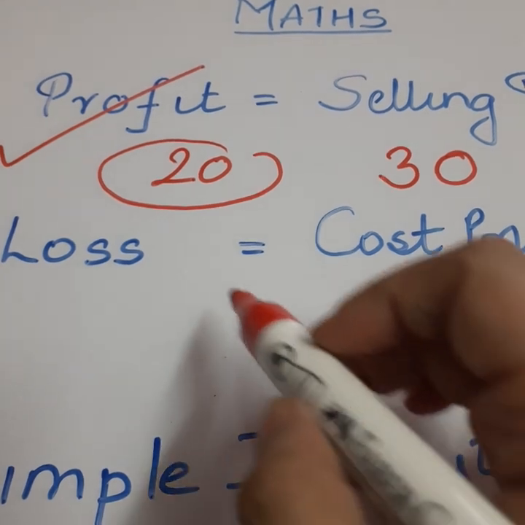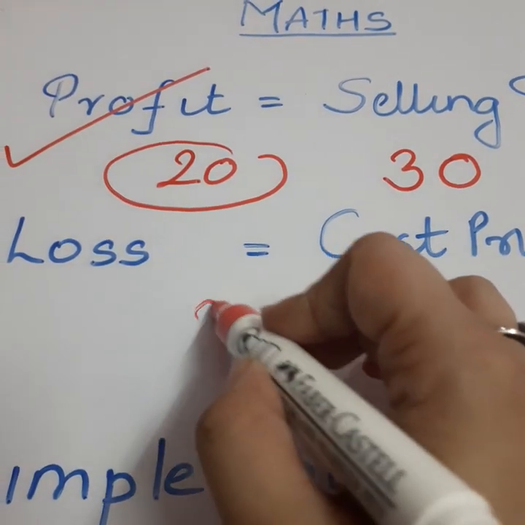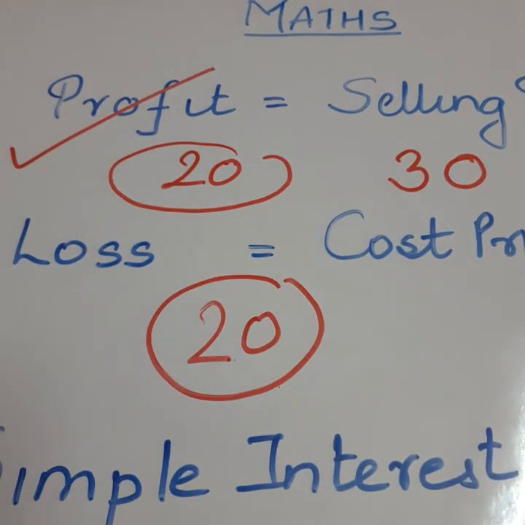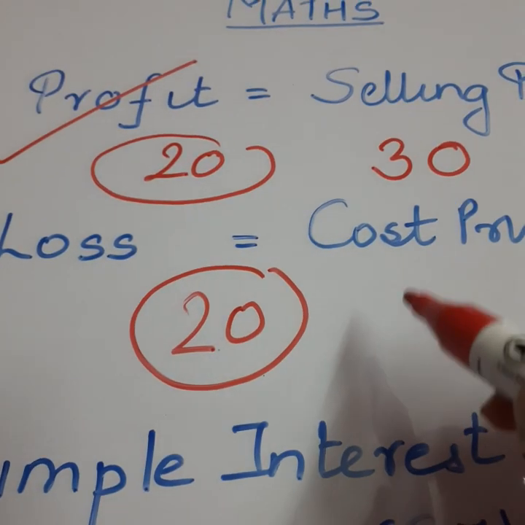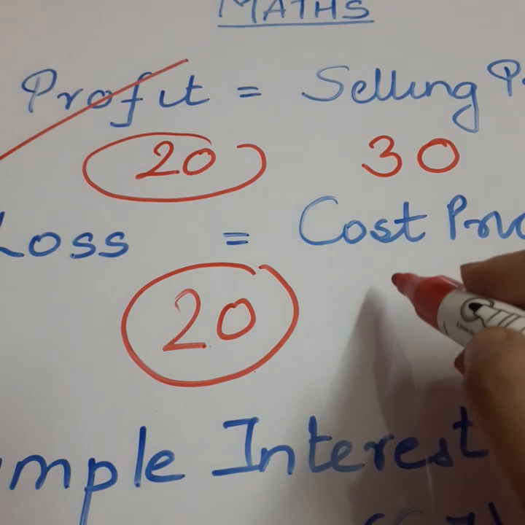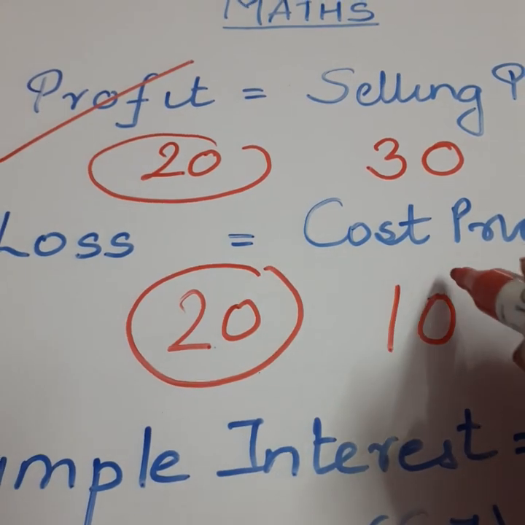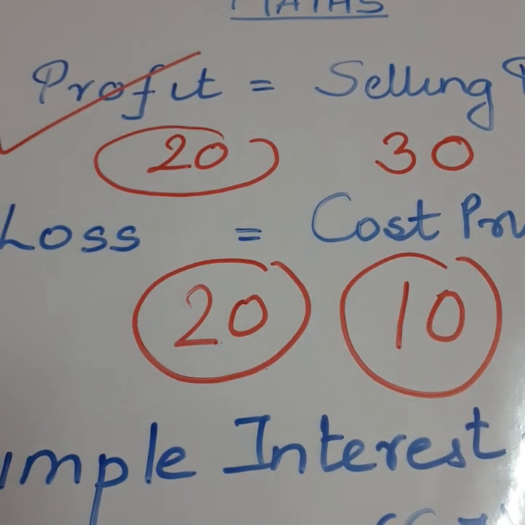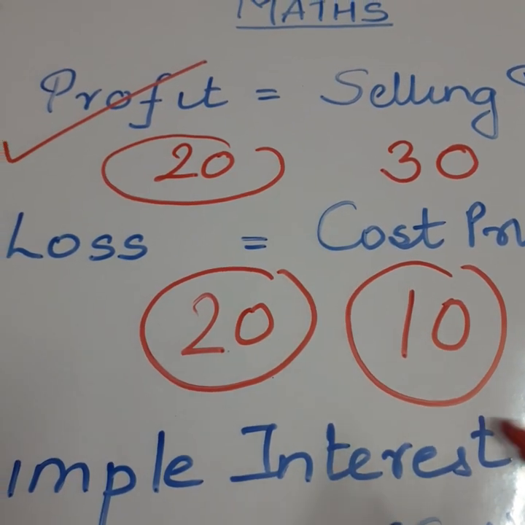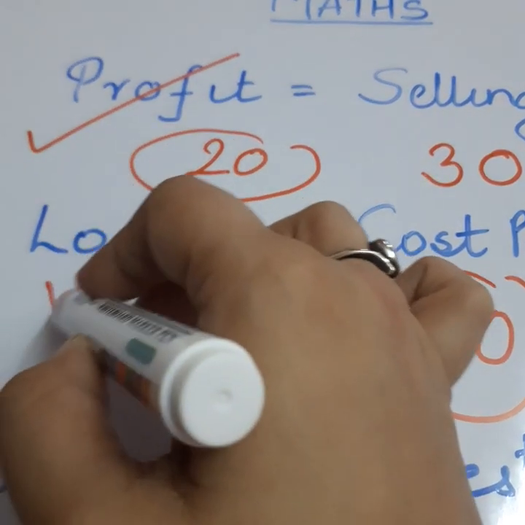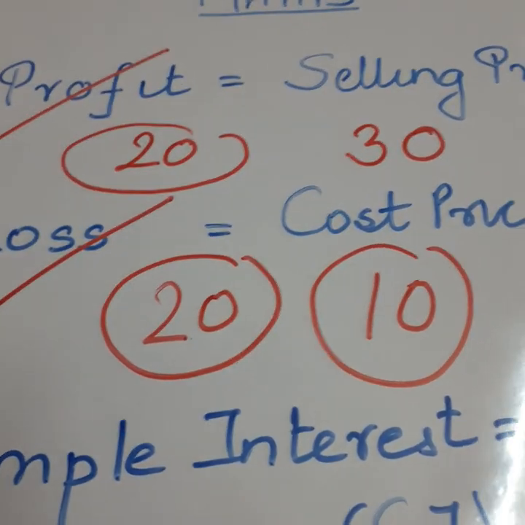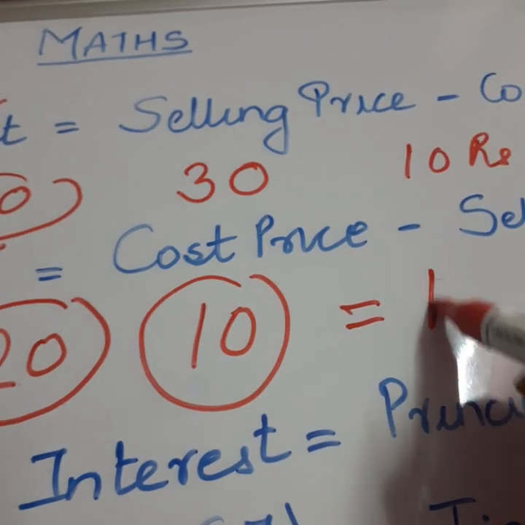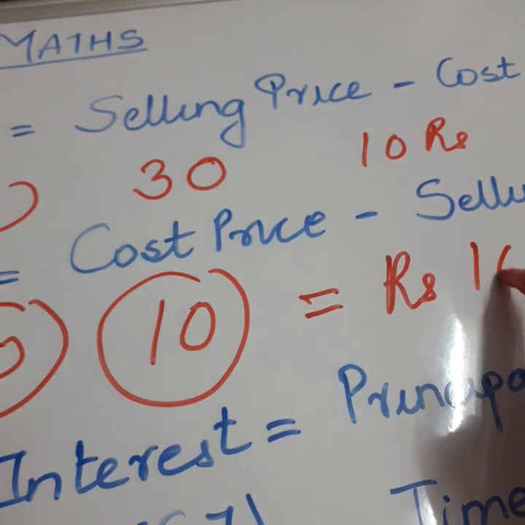So 20 rupees I bought, and I wanted to sell for 30 rupees, but people said no, it is not very good or something like that, and I had to sell for 10 rupees. So I went into loss. Why? Because 20 minus 10, I went into loss of rupees 10.